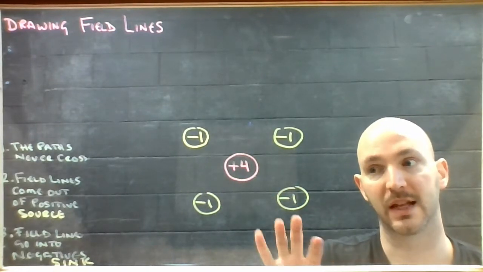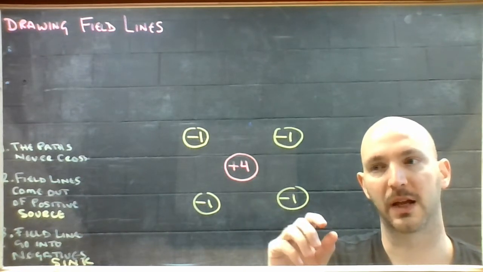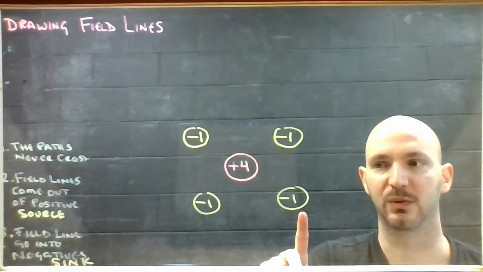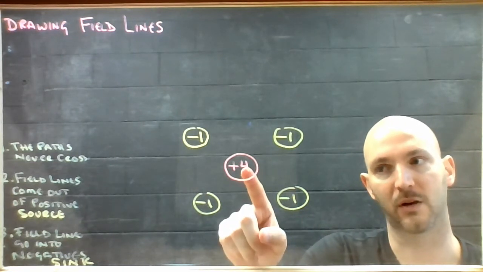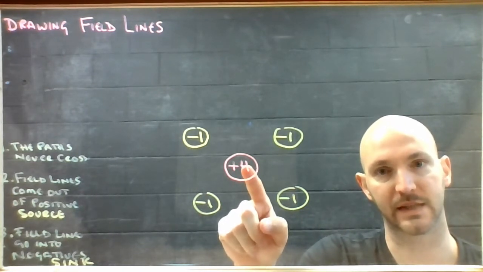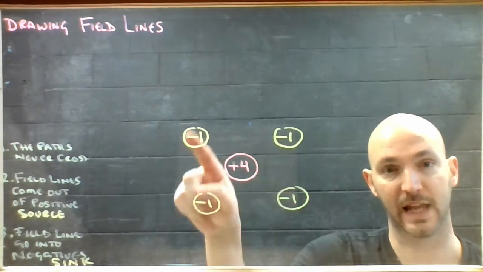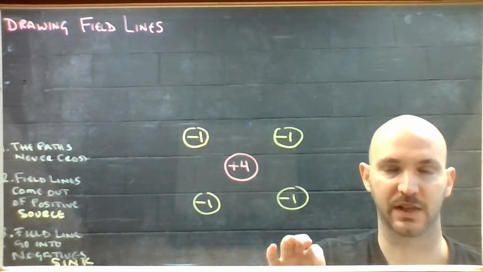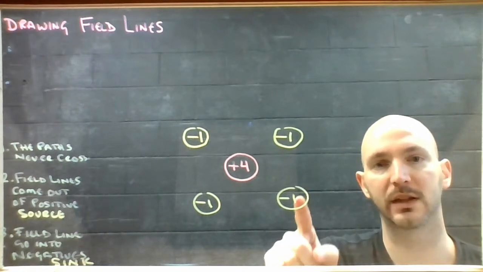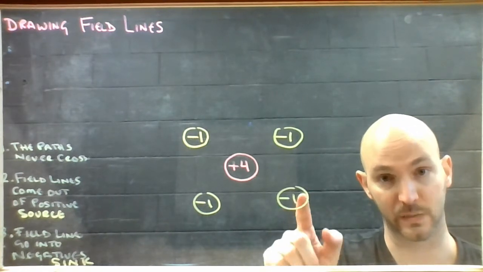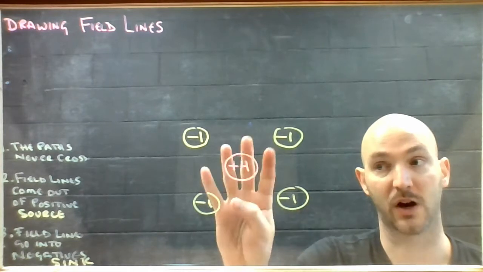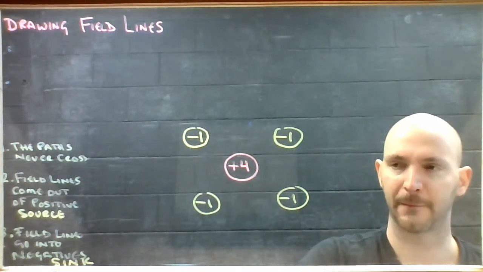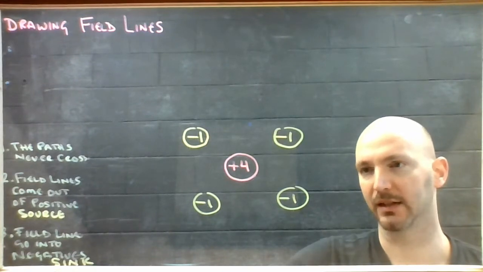So it's balanced, and I need to draw the pathways of these things, but I need somehow to show that there are more sources in this than there are sinks in any one of these things. So the way I'm going to accomplish that is that for every one line I draw connecting to a negative charge, I have to draw 4 from a positive. So let's make sure that that happens there.